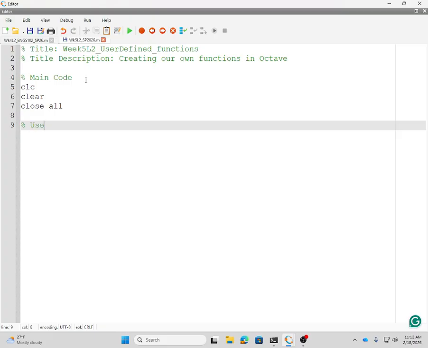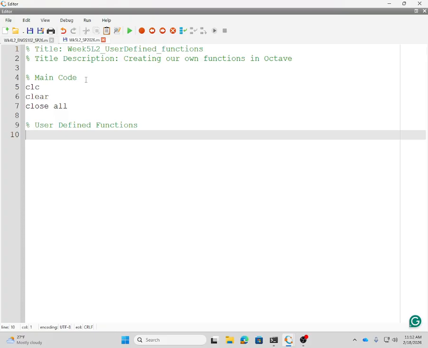So user defined functions. What does it mean? It means we can create our own function in Octave or MATLAB.